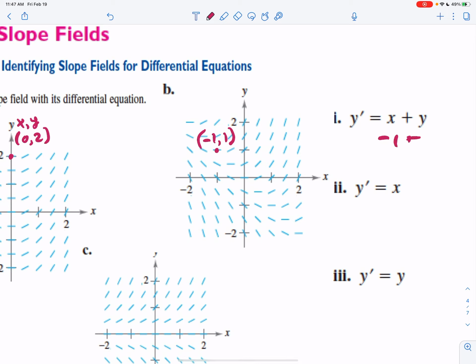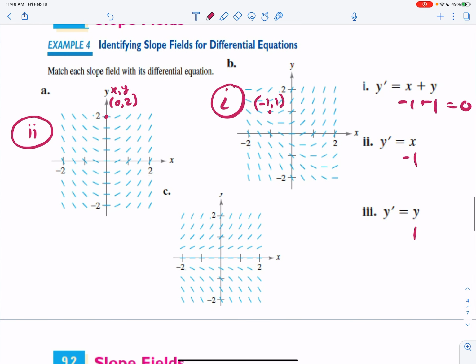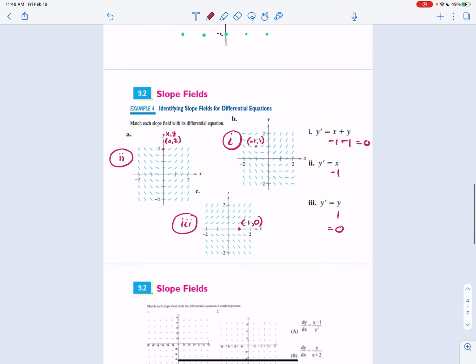The only one that does that is the first choice, so I know that has to be it for B. And just by process of elimination, this has to be 3. But if I pick 1, 0 here, you notice that this one has to come out to 0. Pretty easy to do, all right?